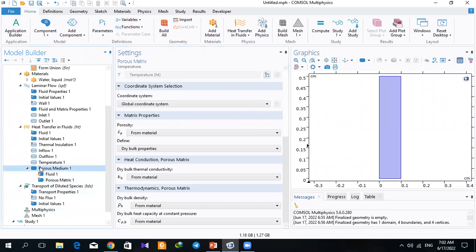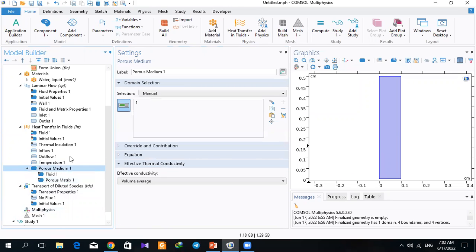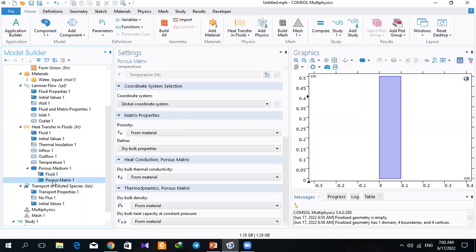Okay, you can consider porous media, and you can define the fluid properties and porous matrix properties in this section.